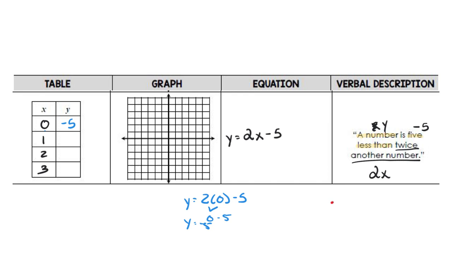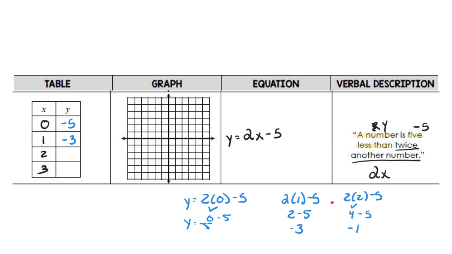Now I enter 1. So 2 times 1 minus 5. 2 times 1 is 2, minus 5. 2 take away 5 will give me negative 3. So if x is 1, y is negative 3. Take 2, put it in there, so 2 times 2 minus 5. 2 times 2 gives me 4, minus 5 gives me negative 1.